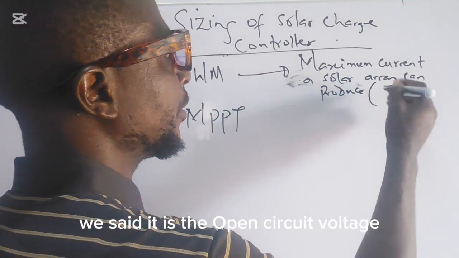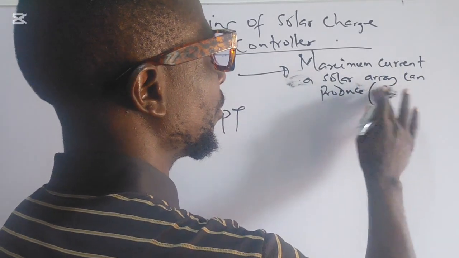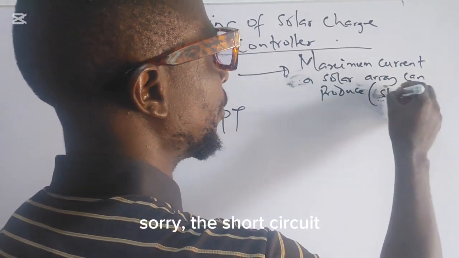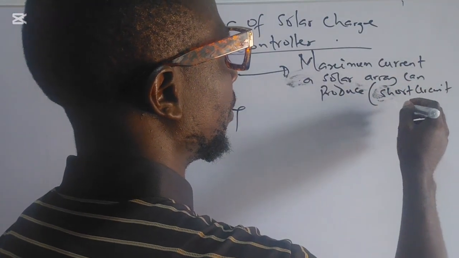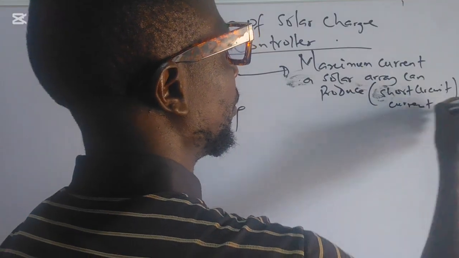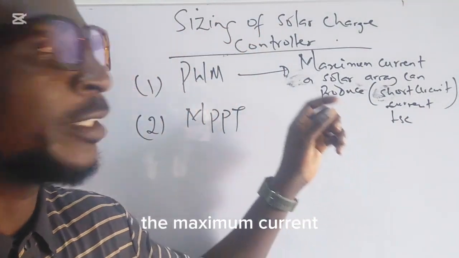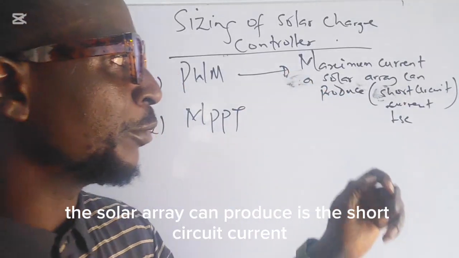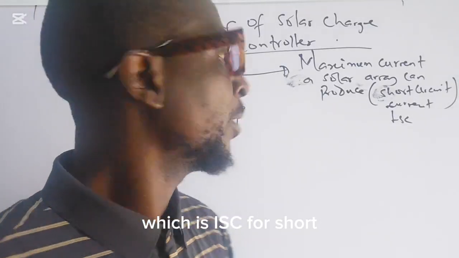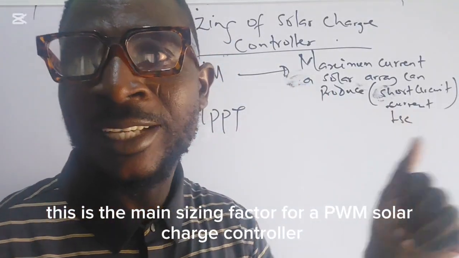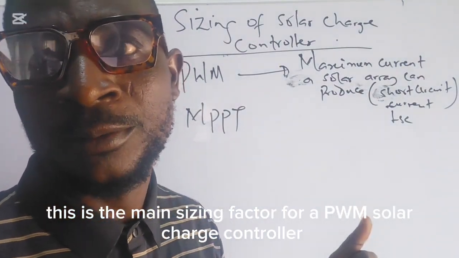It is the short circuit current, which is ISC. The maximum current a solar array can produce is the short circuit current, ISC for short. This is the main sizing factor for a PWM solar charge controller.